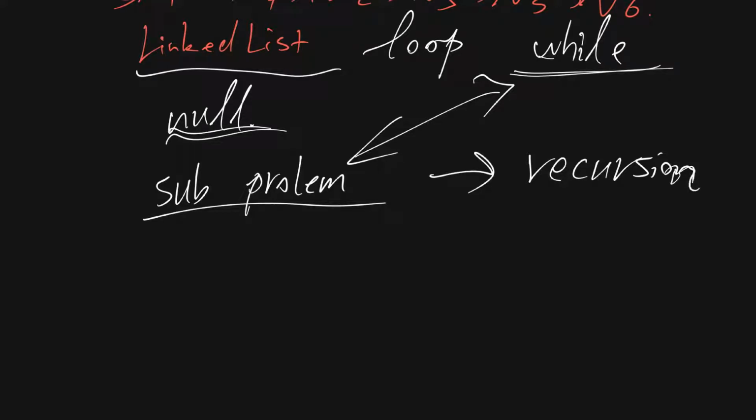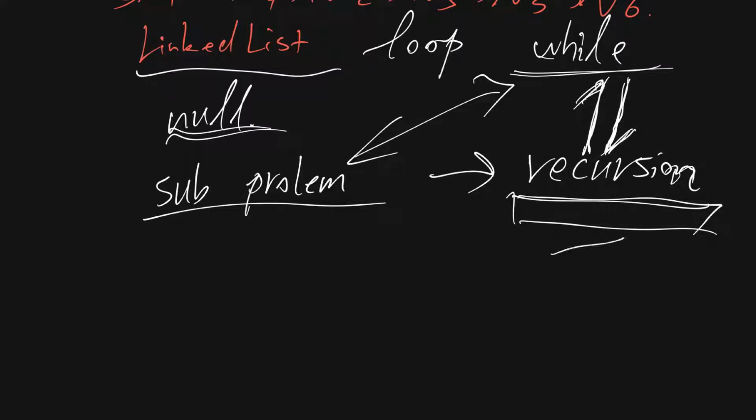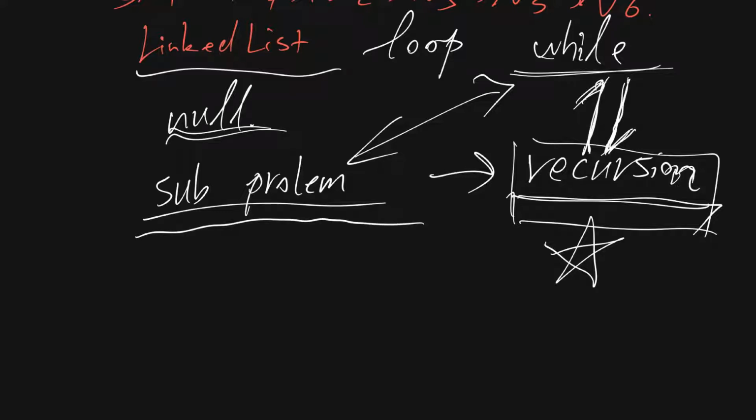Because as the wise man said, every recursion can be solved by a while loop, and every while loop can be solved by recursion. So when a while loop becomes counterintuitive, maybe it's time to use recursion, right? This is important. This doesn't occur a lot, but remember, if you get stuck in an interview with a while loop and a linked list, think, hey, can I figure out a sub problem here? And probably I can do a recursion with it.